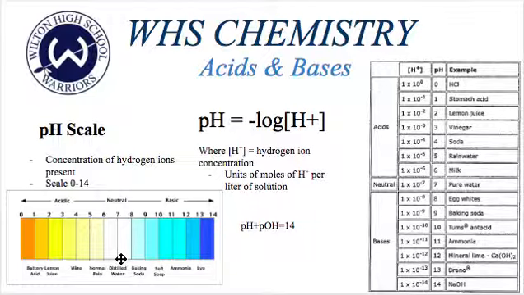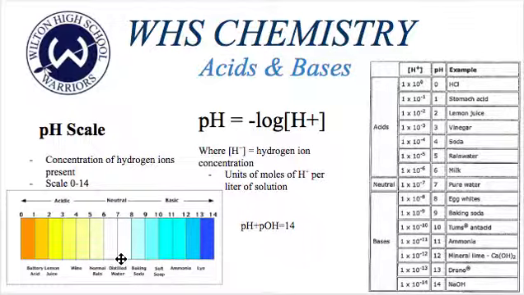Another key component we're going to be looking at is how we calculate pH off of a formula. So pH is equal to the negative log of the hydrogen ion concentration, which is written as H plus in brackets.